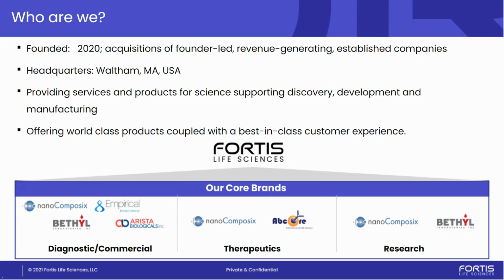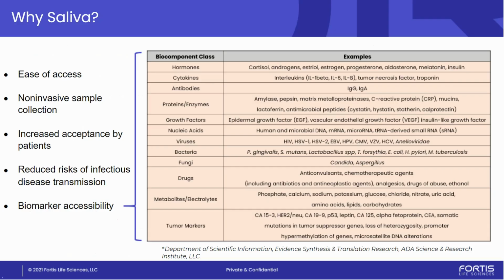And with that, I'm going to jump into saliva. Why saliva? This question has come up quite often recently as we push more to this over-the-counter market, which COVID and COVID products have really shined a light on, the utility and the effectiveness of rapid testing in the OTC POC space.